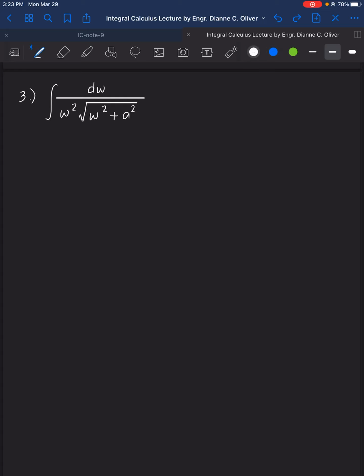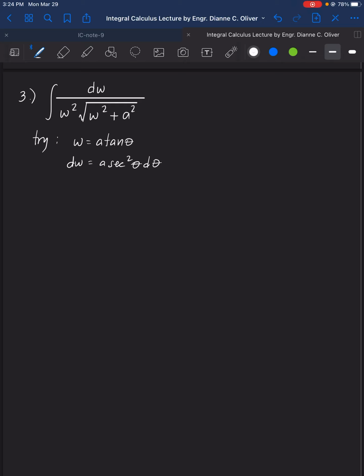Try w equal to a tangent theta. So dw is equal to a secant squared theta d theta.